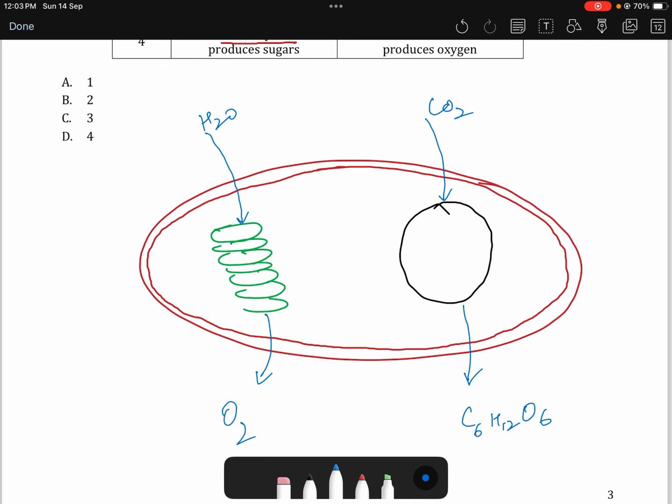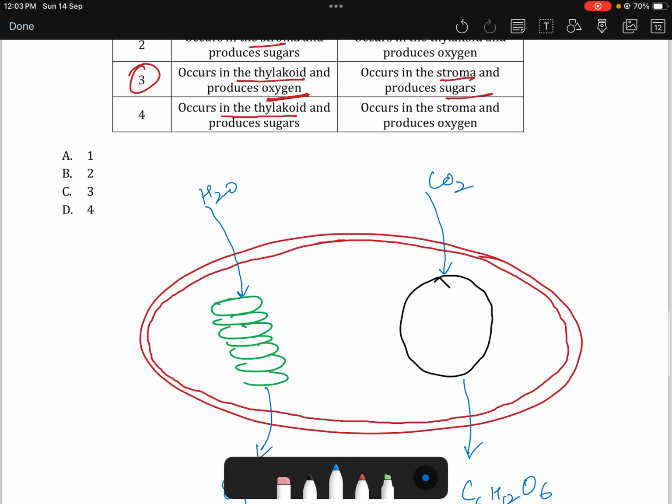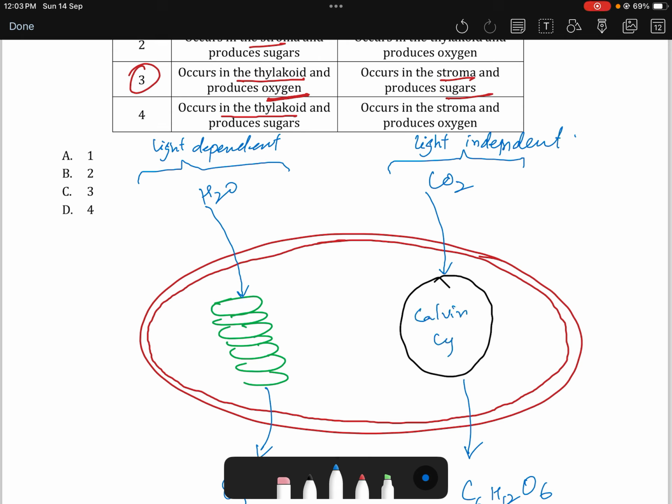In this area, this is the light dependent reaction, and on this side this is the light independent reaction. This is what we call the Calvin cycle.